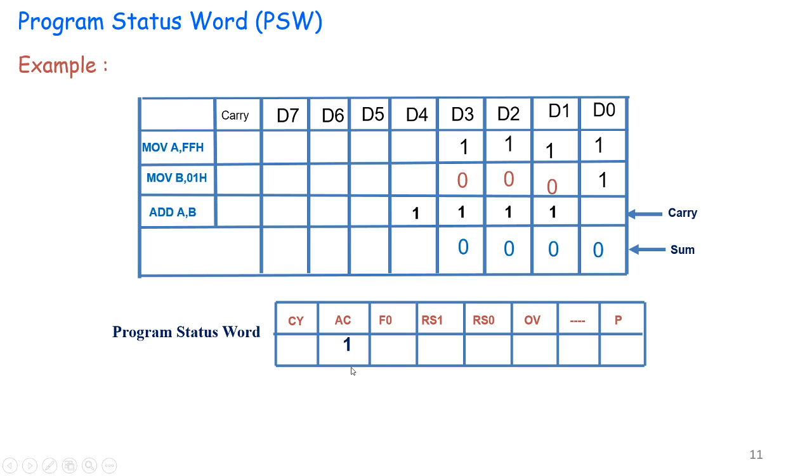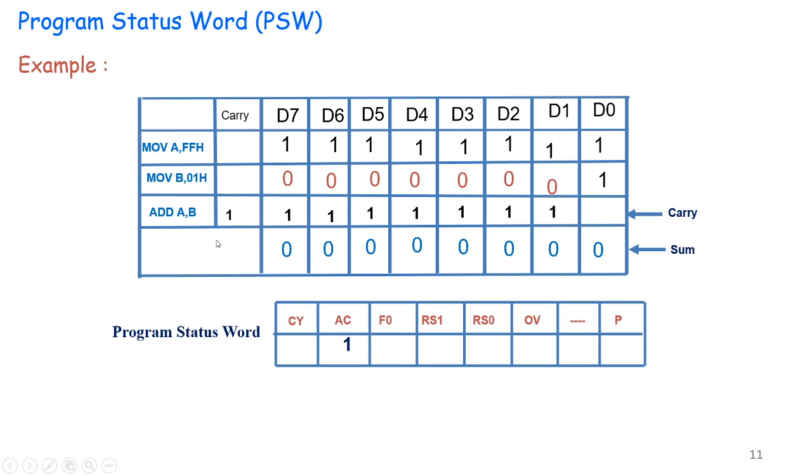Okay, then the next one is this 0 0, again carry will be 1, sum will be 0. So like this, again carry will be 1, sum will be 0. When the carry is generated from D7, so this 1 plus 1 means sum will be 0 and carry generated here.